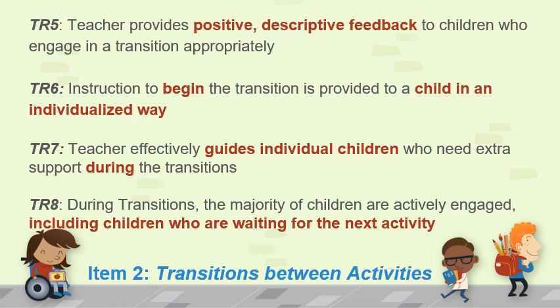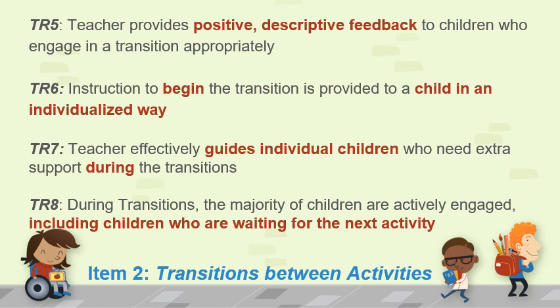Teacher effectively guides individual children who need extra support during the transitions. For example, if a child appears confused or is having a difficult time or just remains still, you can use a visual picture of the next activity, a gentle touch, or have the child carry a toy as they transition to the next activity.